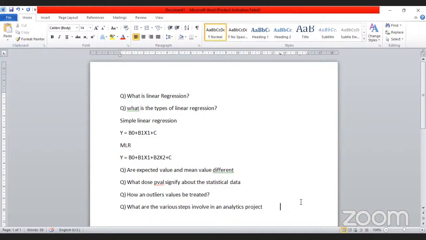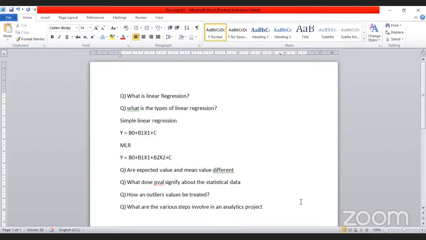The steps are, firstly, business understanding. We have to understand the business and the problem. What is the problem a client is having? For that, we have to understand what kind of business he is having. The next step is to explore the data and become familiar with the data.